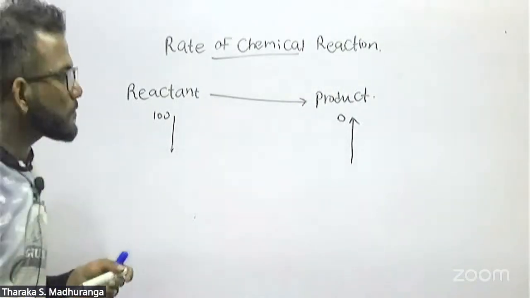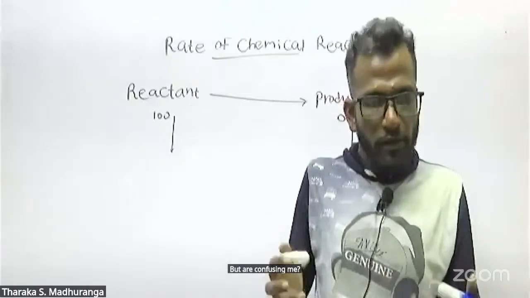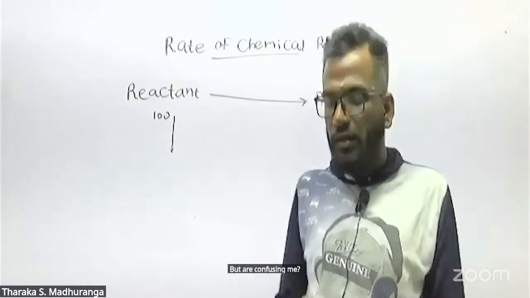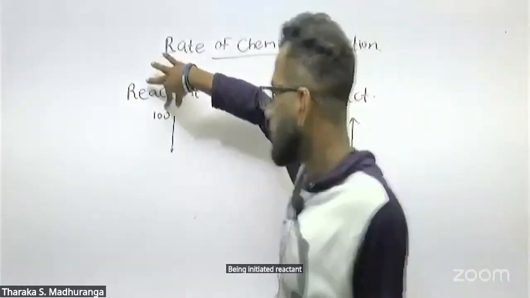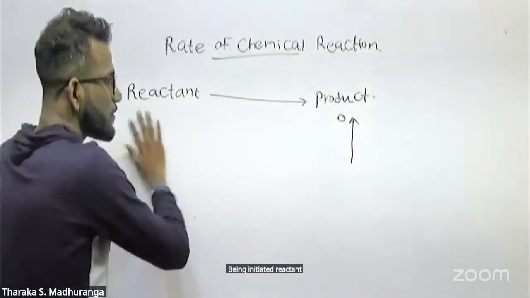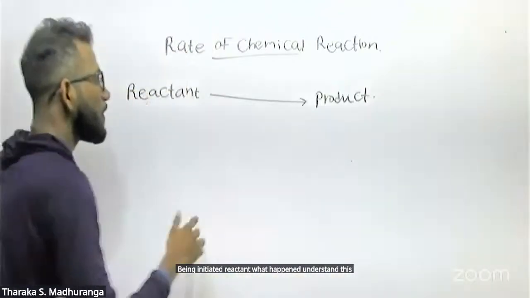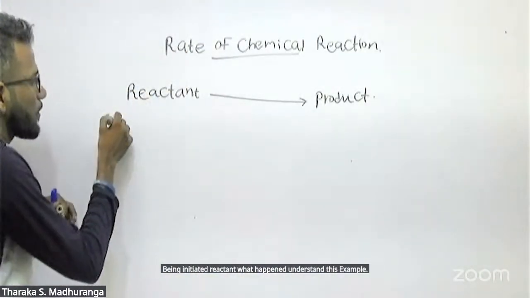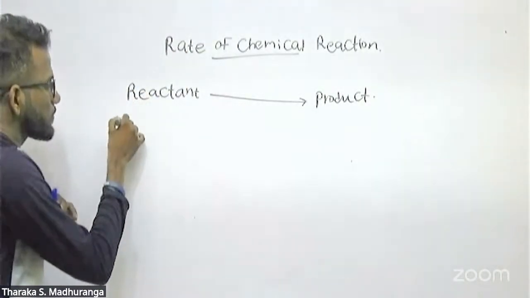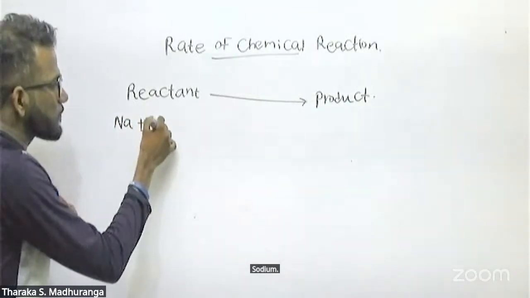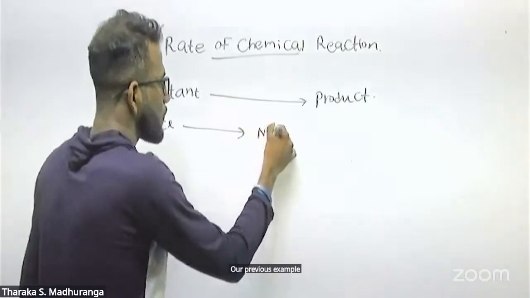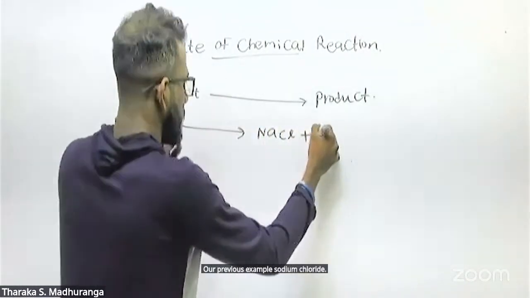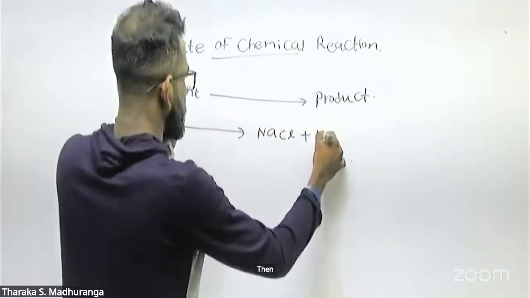Are you confused? Think initially reactant. Understand this example: sodium plus HCl, our previous example, giving sodium chloride and then hydrogen gas.